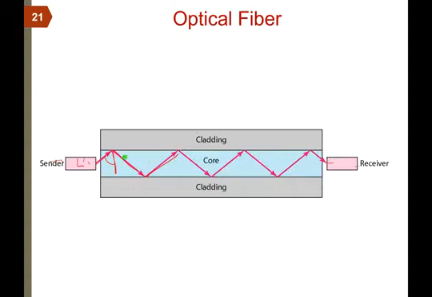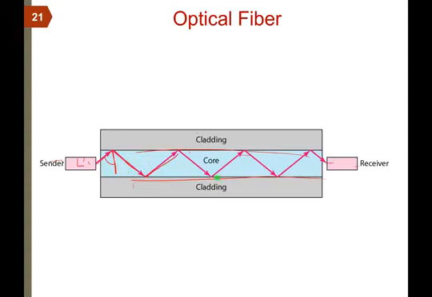We have light that travels and is bounded by this cable. So it's like trapping the light inside this core. You studied waveguides, so this is like a light guide.